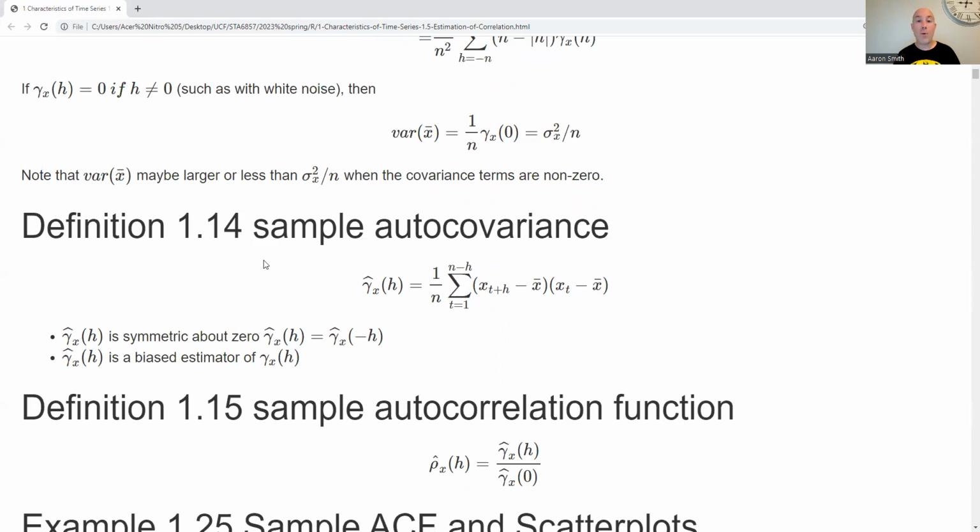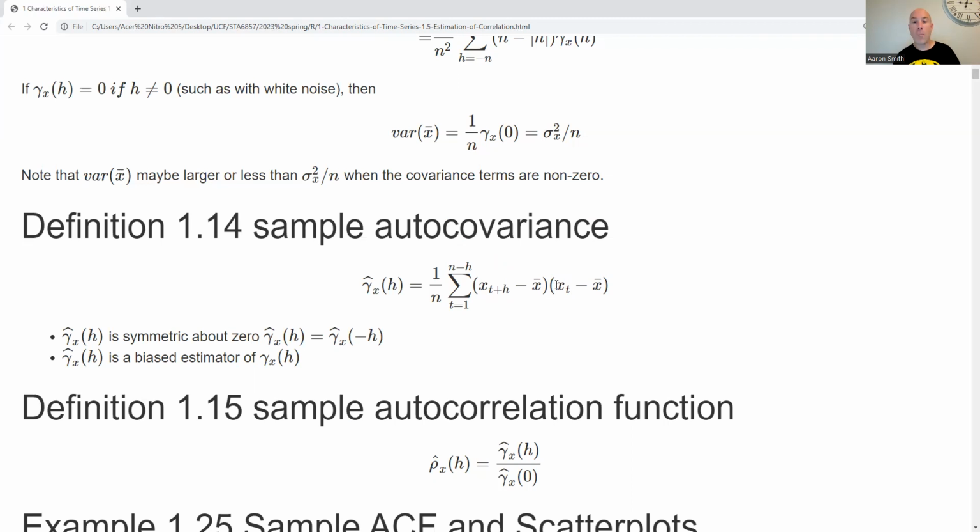All right, so now sample autocovariance. For the autocovariance, I'm going to take the sample average in both spots. I'm going to subtract off the 2 points in time that are of interest in the individual product.